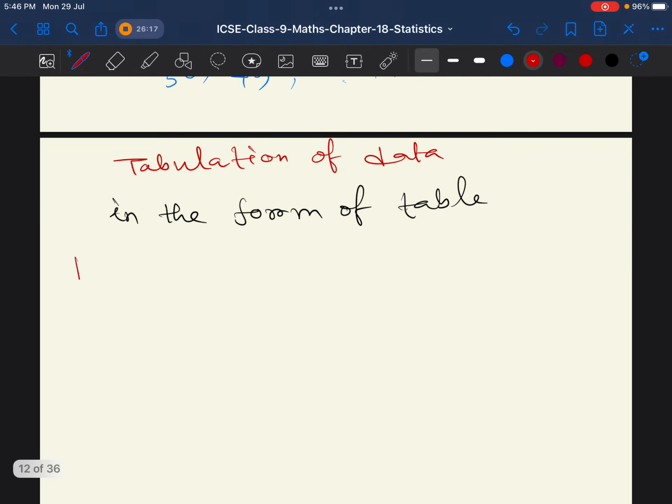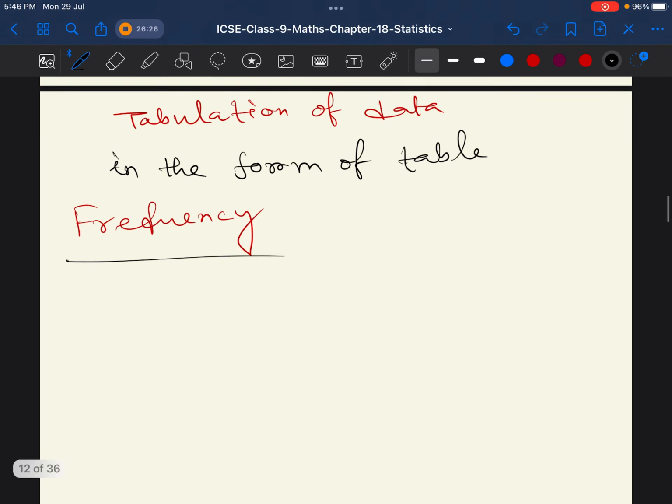Now frequency. So what is frequency? Frequency is a number which tells how many times a particular data occurs or appears in a given set of data.